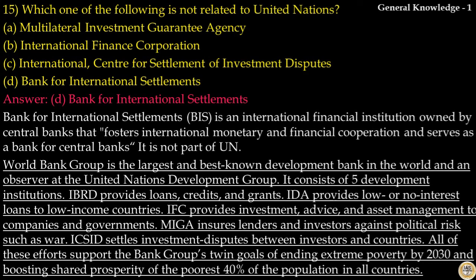MIGA insures lenders and investors against political risks such as war. ICSID settles investment disputes between investors and countries. All of these efforts support the bank group's twin goal of ending extreme poverty by 2030 and boosting shared prosperity of the poorest 40% of the population in all countries. So here the answer to this question is option D.